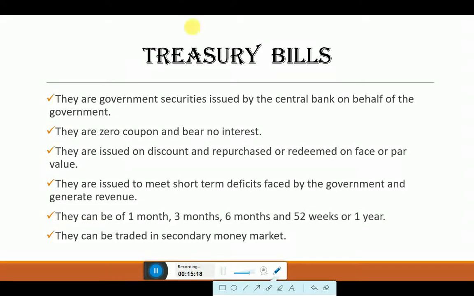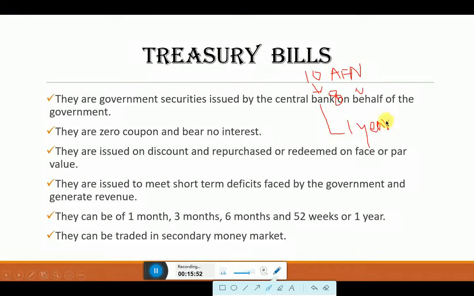For example, if a T-bill is issued by the Central Bank of Afghanistan and its face value is 10 Afghani, but the bank issues it at 8 Afghani, and the maturity is 1 year.